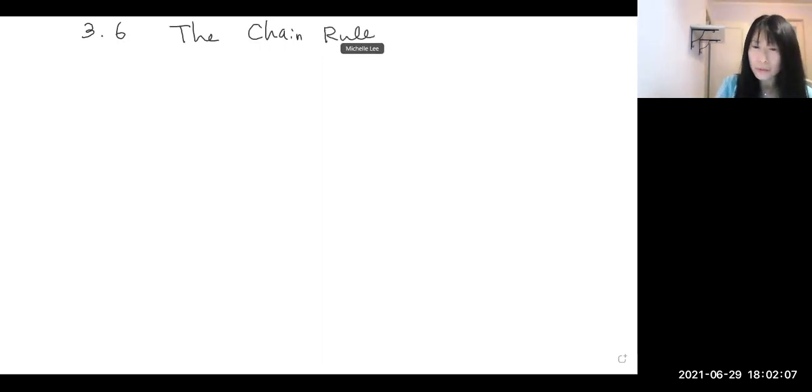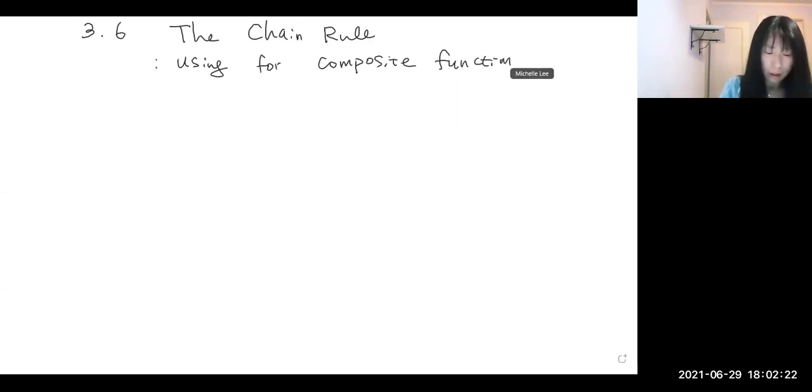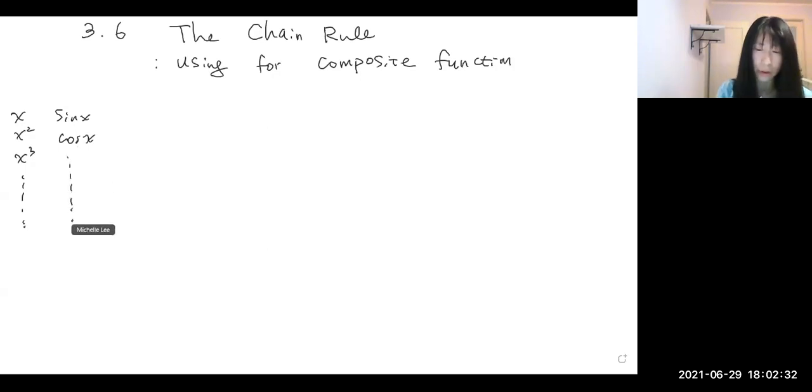So we are using this rule for composite functions. Most functions are composite functions, if it's not x squared, x cubed, and so on, it's not sine x, it's not cosine x, the trigonometric functions, right? Other than that, everything is a composite function, like a square root with x, right?